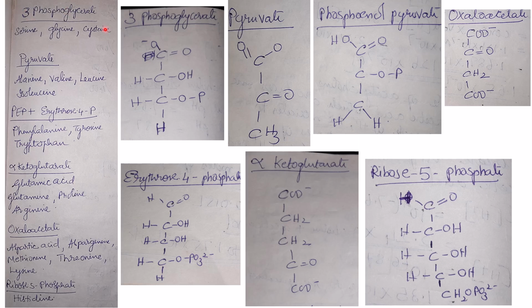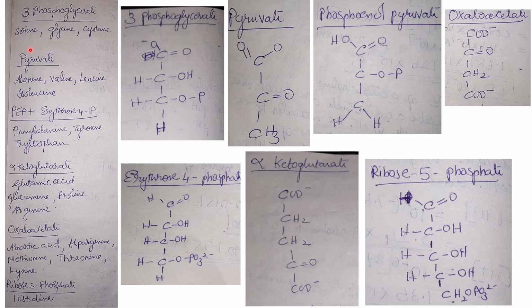You have intermediates like 3-phosphoglycerate, pyruvate, PEP plus erythrose 4-phosphate, alpha-ketoglutarate, oxaloacetate, ribose 5-phosphate. These are the various intermediates involved in the citric acid cycle as well as the pentose phosphate pathway. These intermediates are involved in the synthesis of various amino acids.